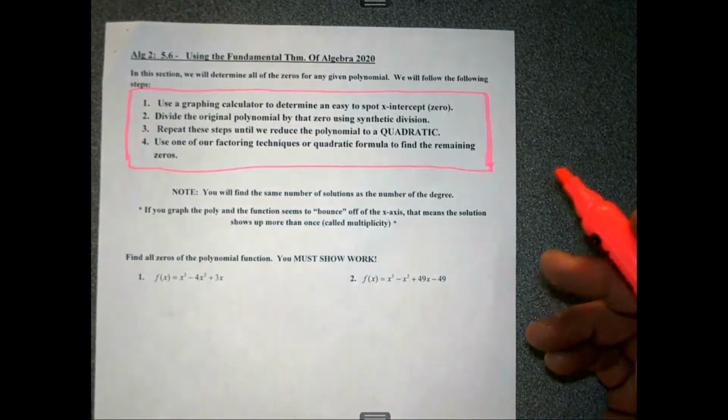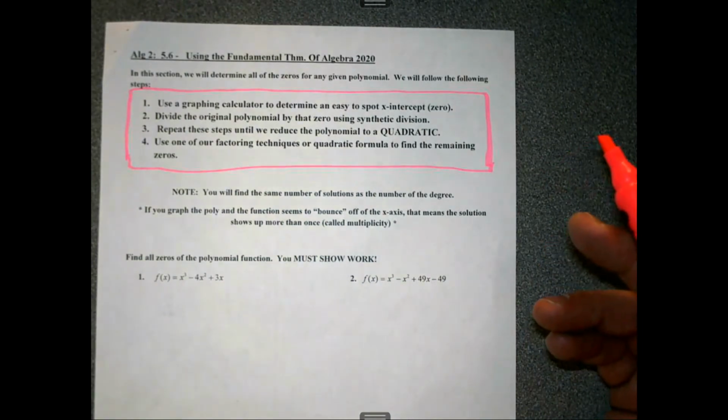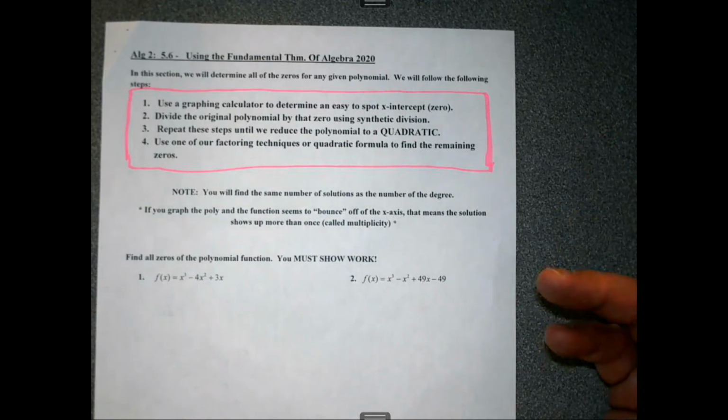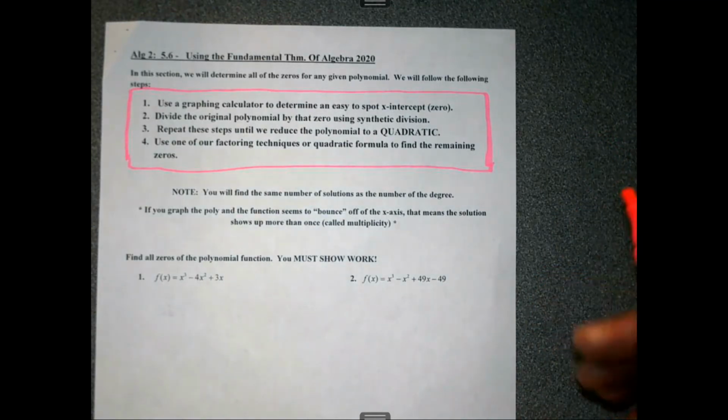So we could do any degree polynomial: x to the fourth, x to the fifth, x to the sixth. Depends on how much I want to make you guys work, right? Because each time you're going to divide it down by a zero to get to a quadratic, and then use one of the techniques we learned to factor a quadratic.